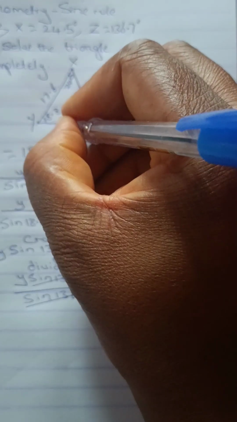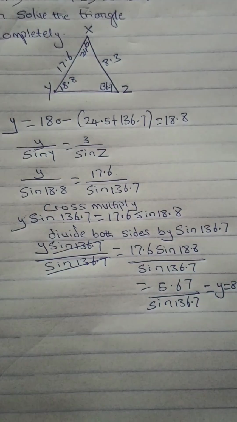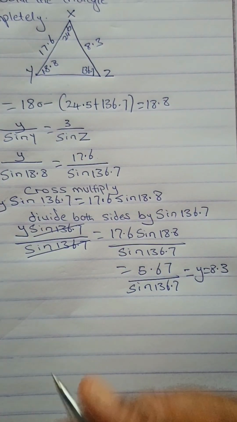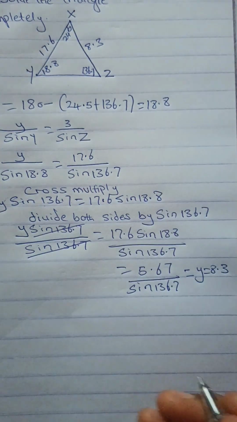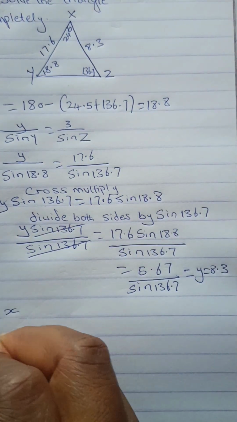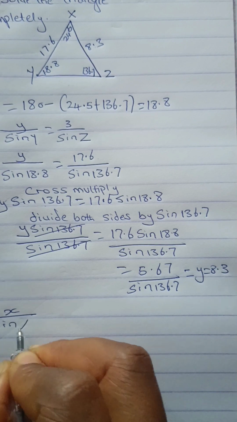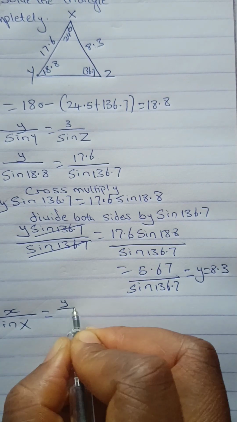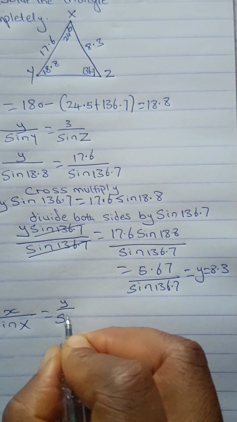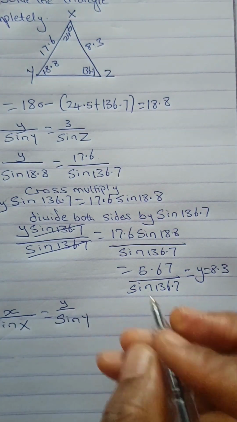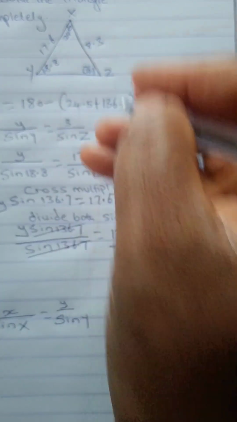Now it's time to solve for the small x. So the small x, what do we do? We'll be using x and y, which is x over sine x equal to y over sine y. So our small x, we don't have the small x.